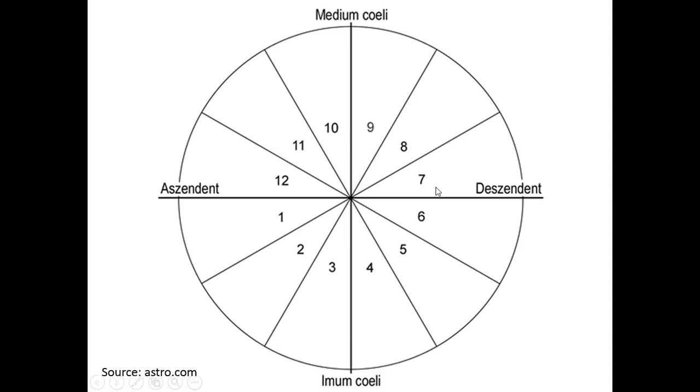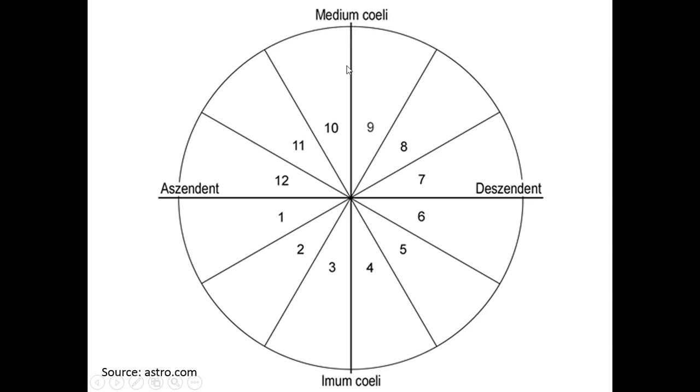So here we are looking at, very simply, the circle divided into the 12 pie-shaped segments we know as houses. And from this source right here, they're spelling ascendant, descendant this way. Ascendant is always that eastern horizon, where a sign of the zodiac is rising. The descendant is where a sign of the zodiac is descending.